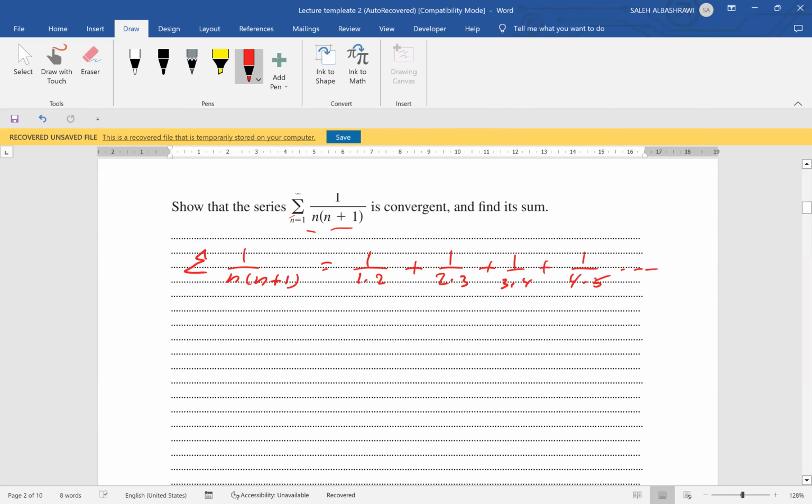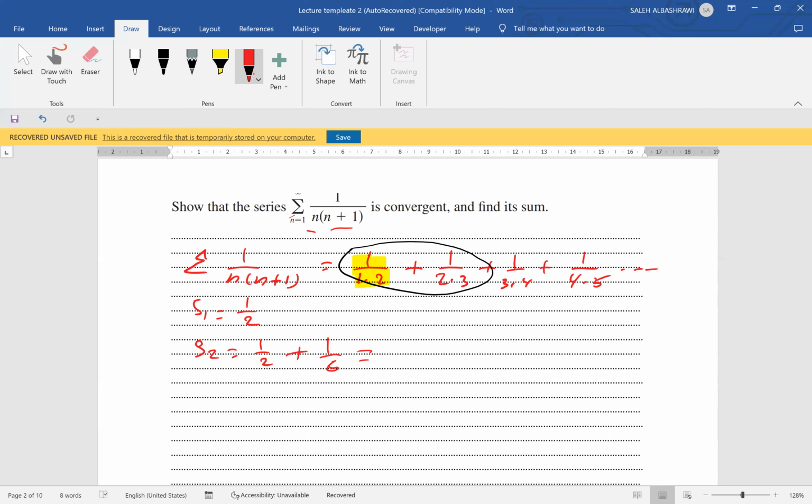So the first partial sum, which is S1, is equal to the first term, 1 over 2. S2, the second partial sum, will be the sum of the first two terms. It is 1/2 plus 1 over 6. We add them together.